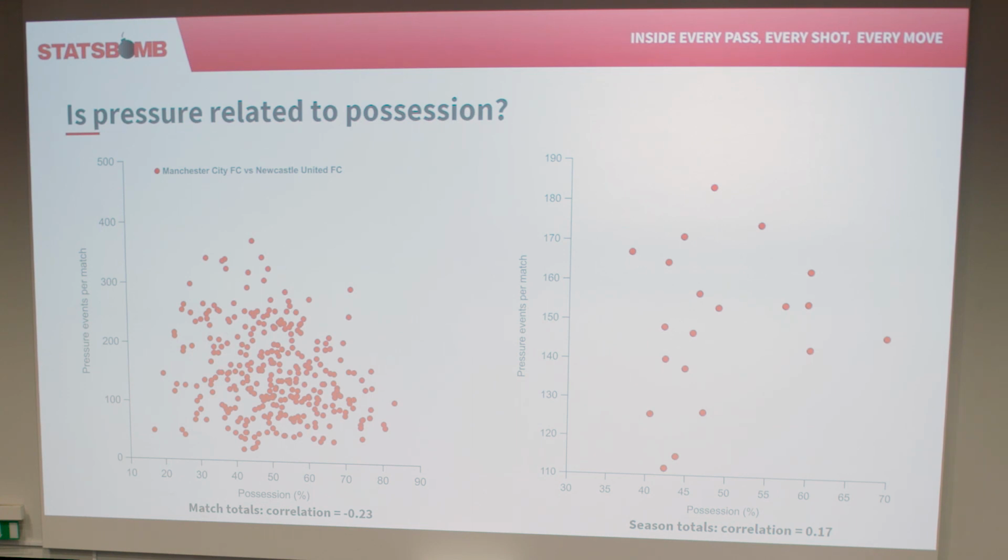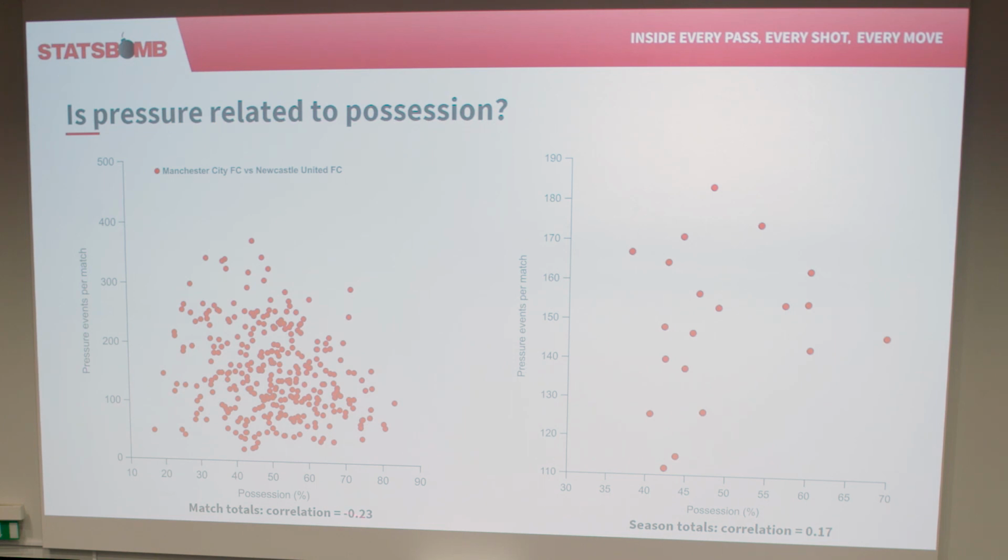Just at a gross, top-down level, you might think that pressure would be related to possession. The more time you spend without the ball, the more pressure events you'll log, and vice versa. But at a match level and a season level, you don't actually see that. On the left-hand side here is pressure events per match. We've got quite a large range, from around 100 to 400 pressure events per match, with possession along the x-axis.